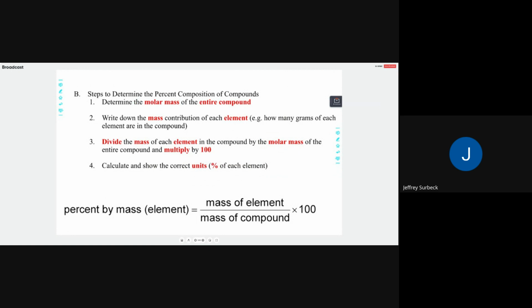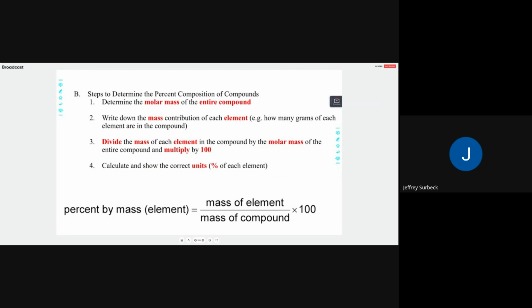Here, you have to be able to use it. Look at the specific element and find its total mass contributed, very similar to finding the molar mass. Then divide it by the total compound mass, or molar mass, and multiply by 100 to get it into percent.